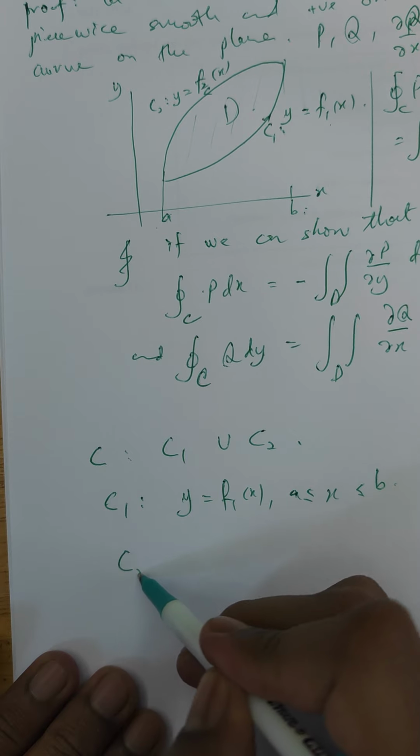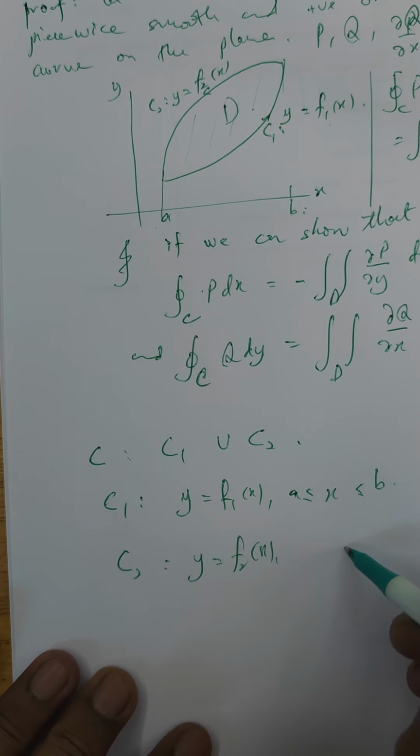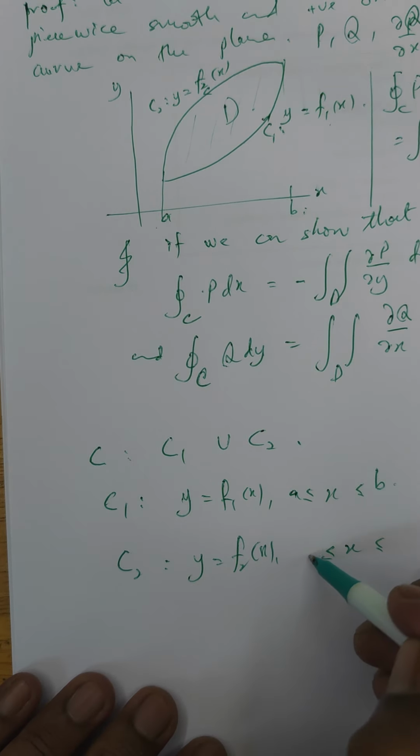And C2 is given as y equals f2(x), in the interval x between A and B as well.